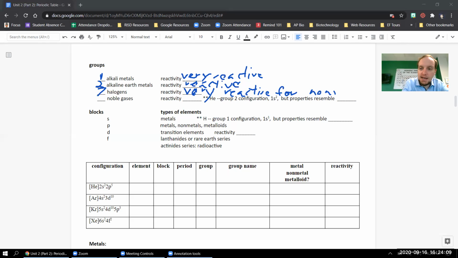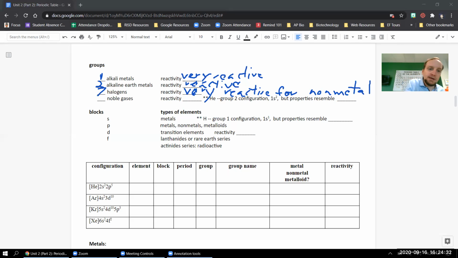They are not as reactive as your alkali metals. These do not explode in the presence of water or anything like that. But fluorine, chlorine, bromine, iodine, again, these right here in the second to last group are still quite reactive for the non-metals, okay?